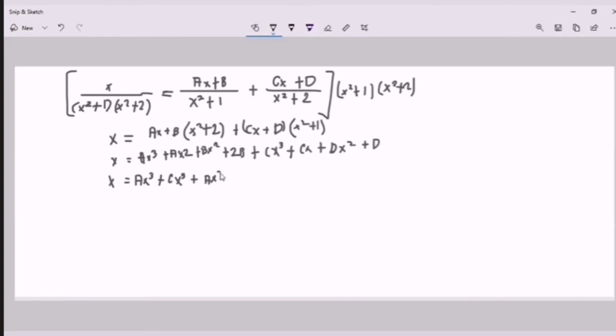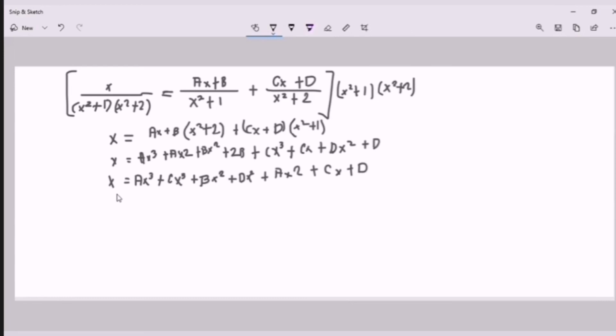So that must be ax cubed plus cx cubed plus bx squared plus dx squared plus 2ax plus cx plus 2b plus d.